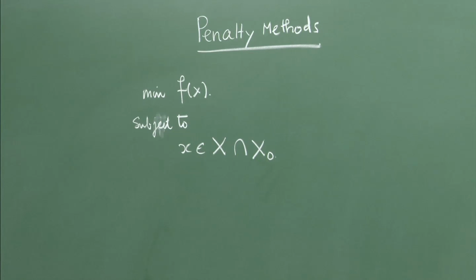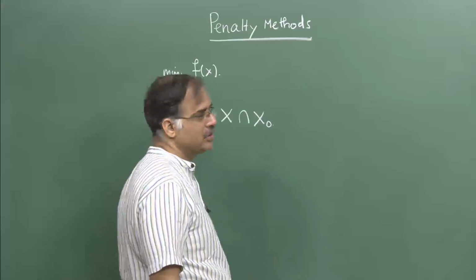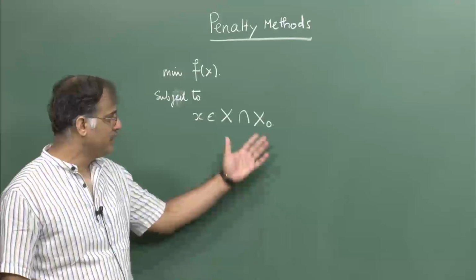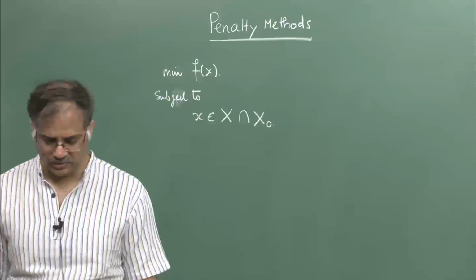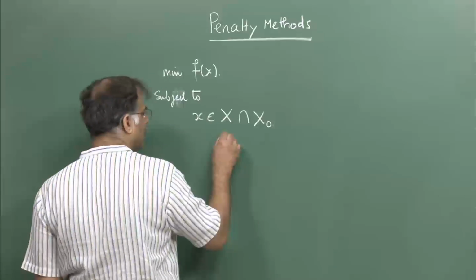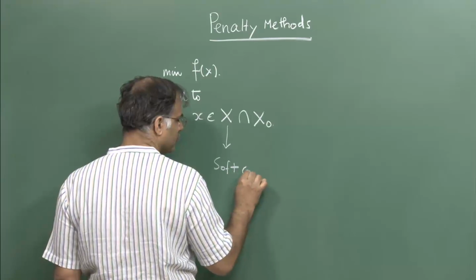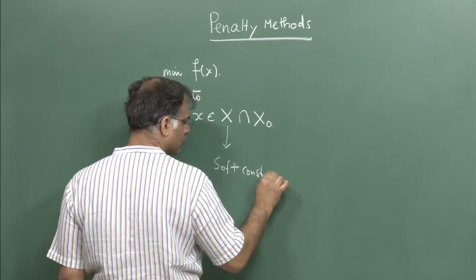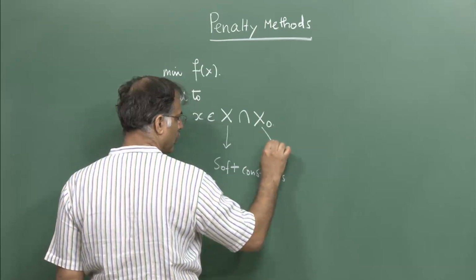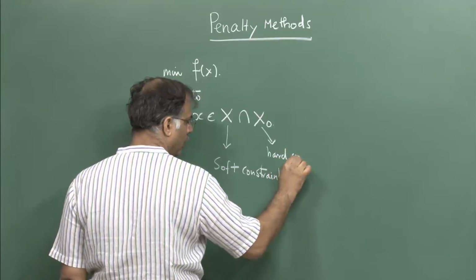Here I write the feasible set as the intersection of two sets. This could be, for example, described by just equality constraints, and this could be a constraint that x belongs to capital X naught. What it means is the following: certain constraints we want to call soft constraints, and this is called hard constraints.